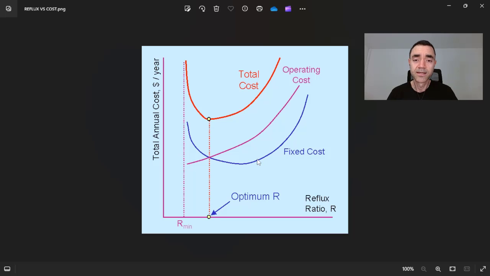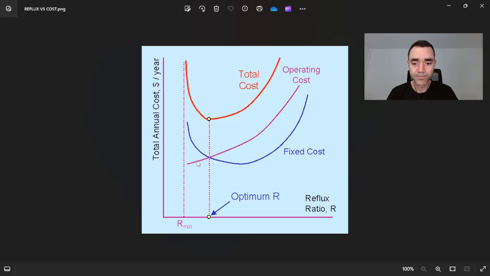On the other hand, I need more energy to heat up my fluids at the bottom because now I have more condensate returning to the column, so I need more energy. And to condense more, I need more energy in the condenser. So I need more energy in the reboiler to vaporize the fluids, and I need more energy in the condenser to condense the fluids.